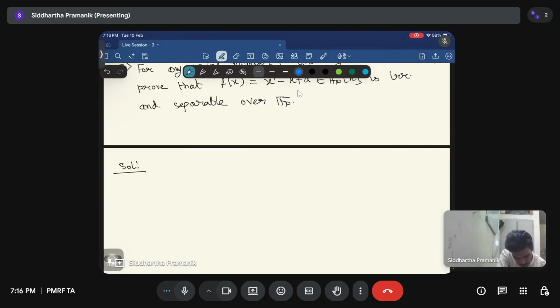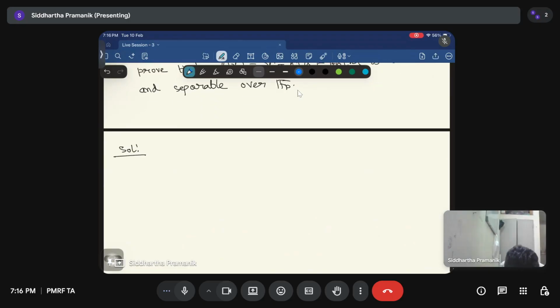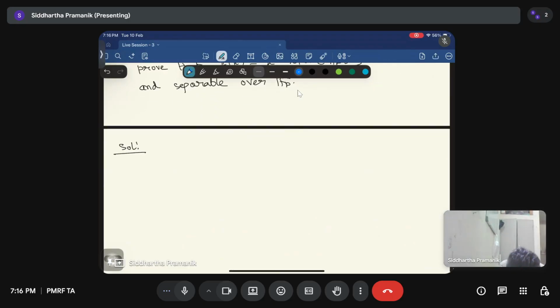So first let's observe some general facts about this particular polynomial. Let alpha belonging to F_p bar be some root of f(x).